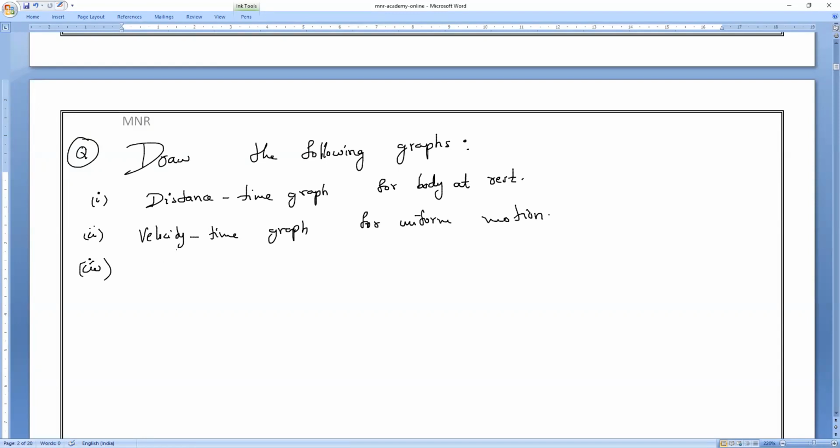Sailesh, Gokul. Velocity time graph for non-uniform motion. Non-uniform motion is like accelerated motion.